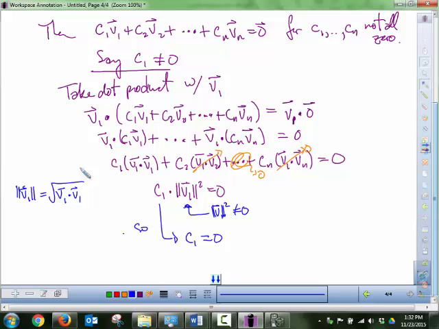Okay. Is there a word for that? No, there should be. It's like a property of the magnitude, but there's no special name for it. All right. So are we good with C1 is equal to 0?